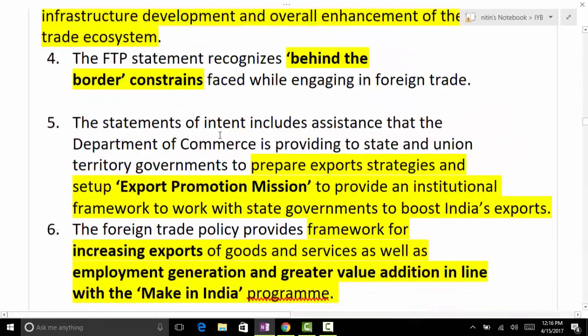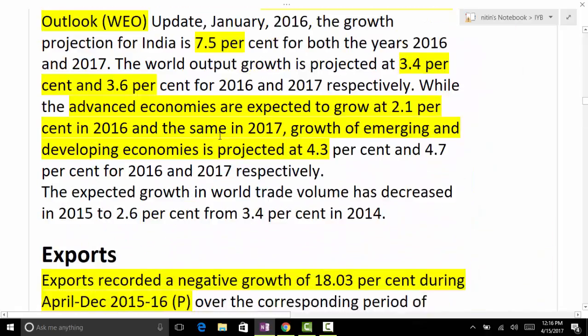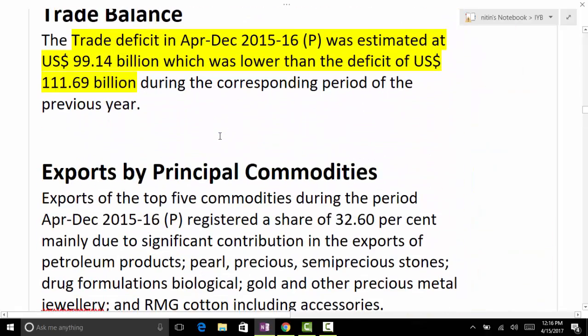Now you see the points. I have listed certain 10-12 points under FTP. We go one by one, try to understand those points and try to remember them as well right now.